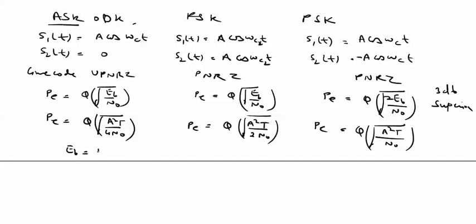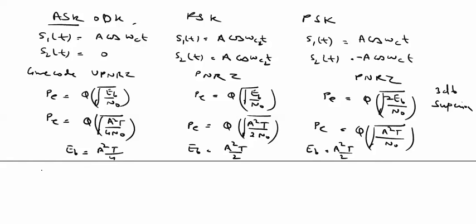Bit energy in these cases is A square T by 4, A square T by 2, and A square T by 2.